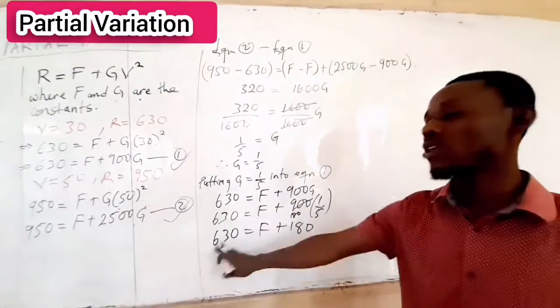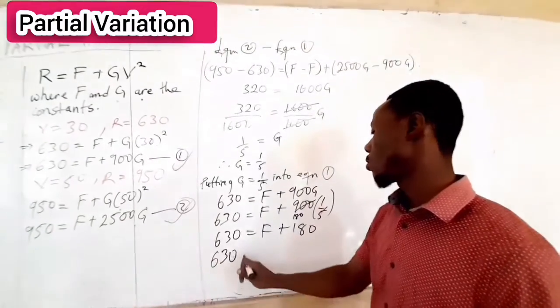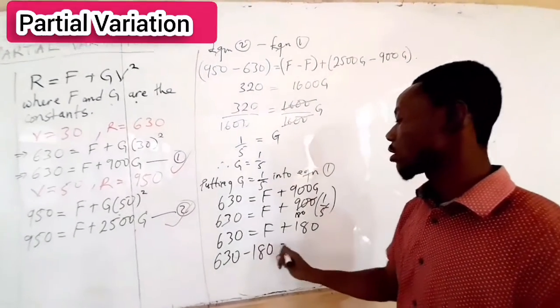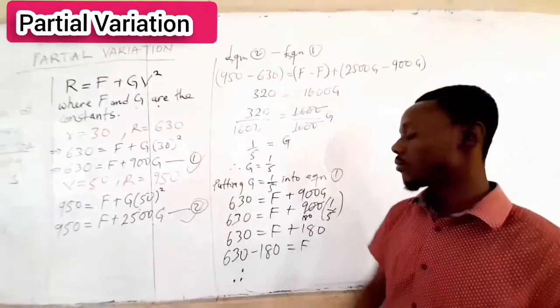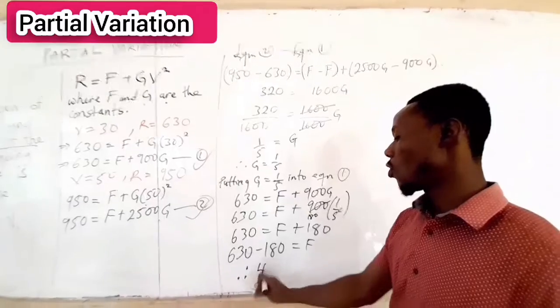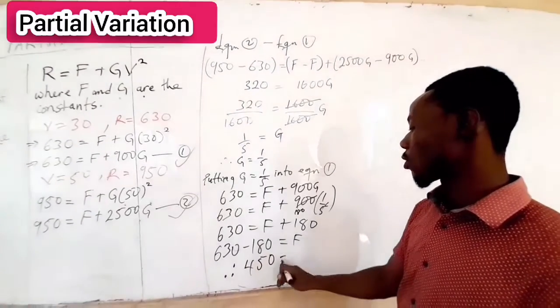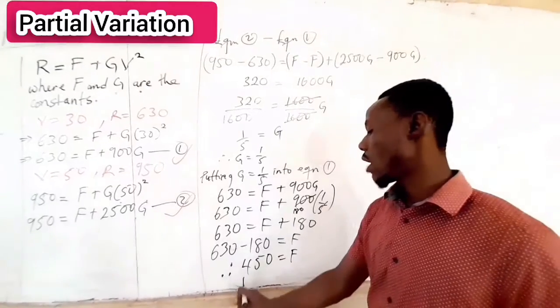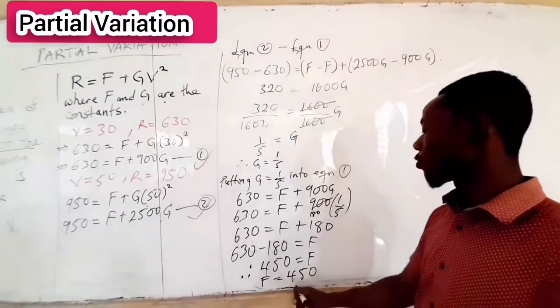Grouping like terms, we send this one to the other side. We have 630 minus 180, then F. When we subtract 180 from this, we will have 450. So our F is equal to 450.